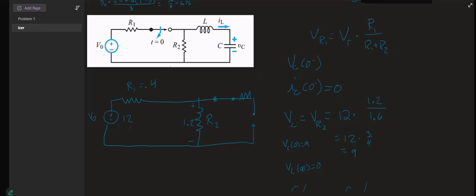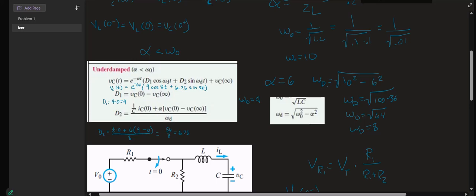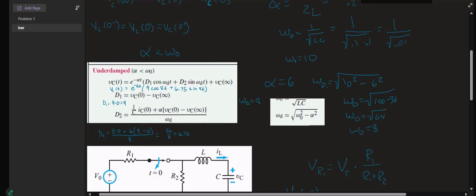Well, so it says V0 plus. Can you scroll up again? Whenever you say the voltage of the capacitor at 0 plus, are you saying that like at infinity, or what did you mean?